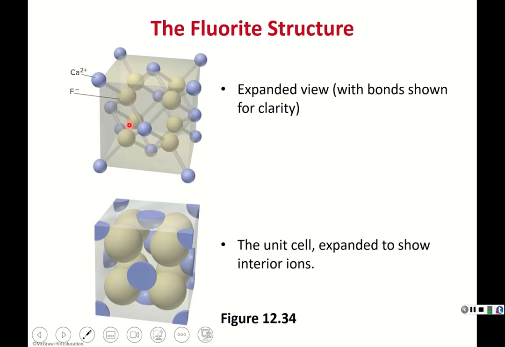And fluorite as well, calcium and fluorine, kind of interspersed there, and you can see that these do get pretty complex, right? And here we have 4 entire fluorine atoms inside the unit cell. And the calciums in this case are on the corners and the faces, but not in the center.